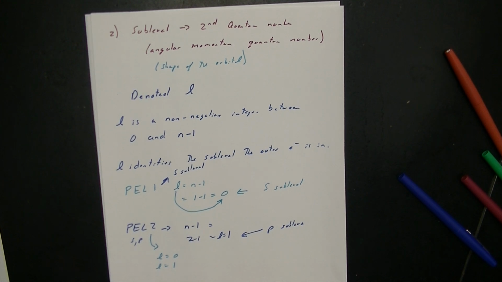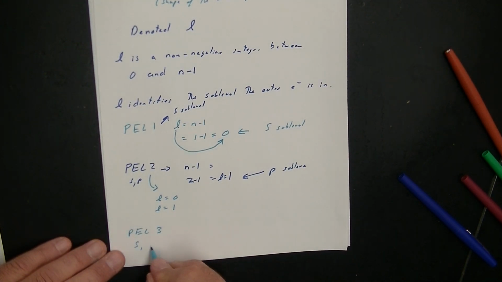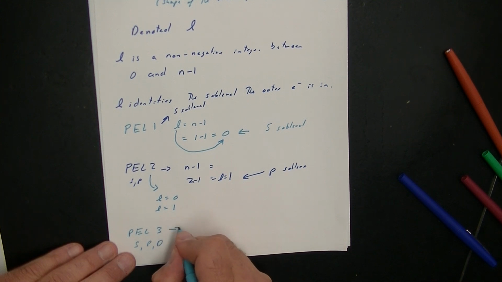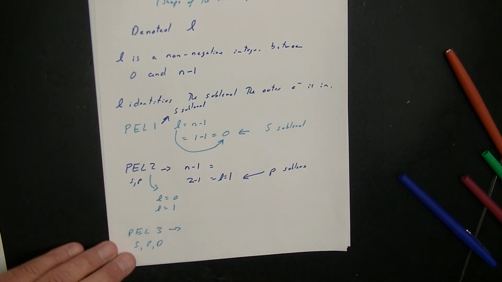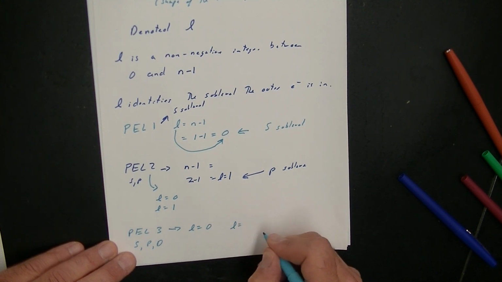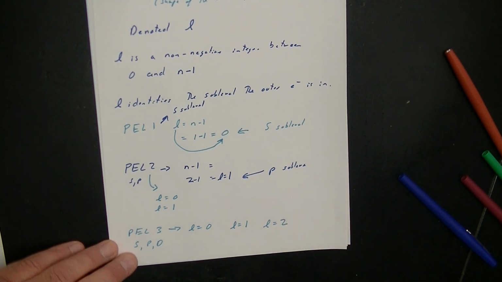PEL number 3. We know that principal energy level number 3 has an S, a P, and a D, which means there are 3 different L's. L could equal 0, L could equal 1, and L could equal 2.